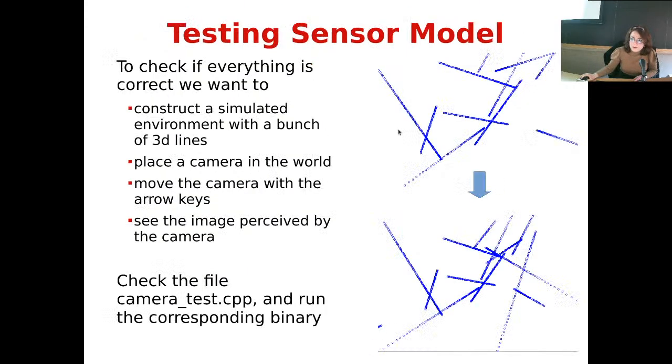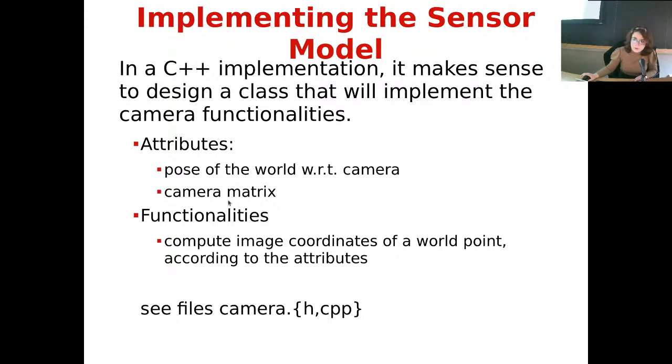Intuitively, we can understand, and then we will see the code, that the members of the camera should be the pose of the world with respect to the camera and the camera matrix, because in the end, these two elements represent all we need to know about a specific camera, at least in the case of a pinhole camera.